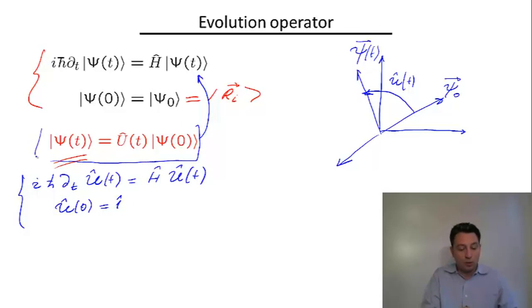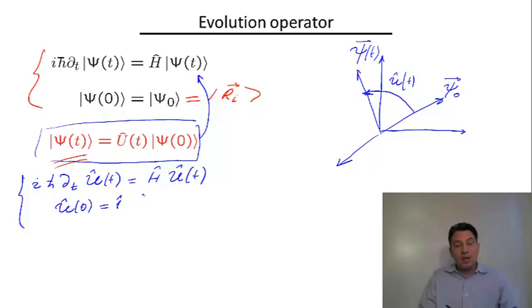Why? It follows in a very simple way from its definition. The evolution operator evolves our initial condition to a final state, but if t is equal to 0, there is nothing to evolve. We just stay where we were, and so psi of 0 is equal to psi of 0, so u of 0 is equal to 1, and this is the initial condition we can enforce.